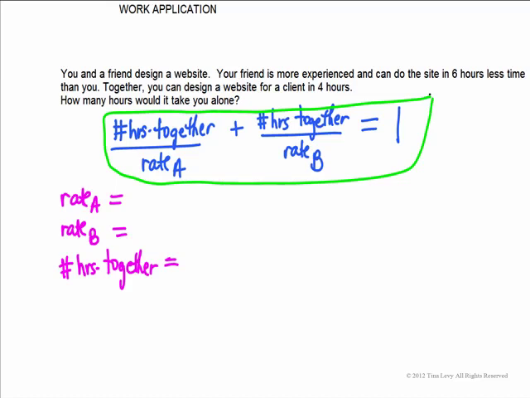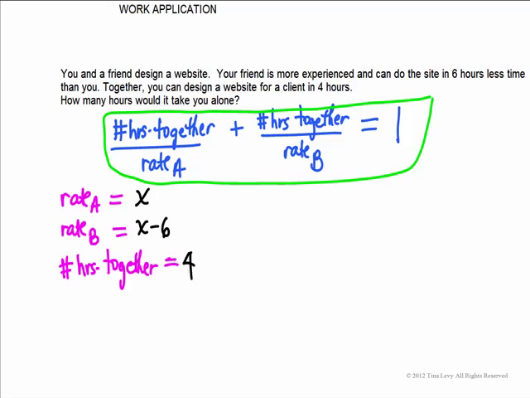So rate is the number of hours it takes each of you working alone. We don't know how long you take, so we'll call you X. And the friend can do the site in 6 hours less time, so that would be X minus 6. But the number of hours that you work together for one entire job is 4.